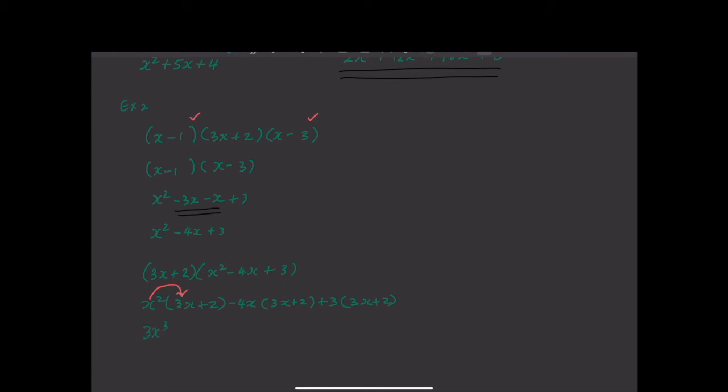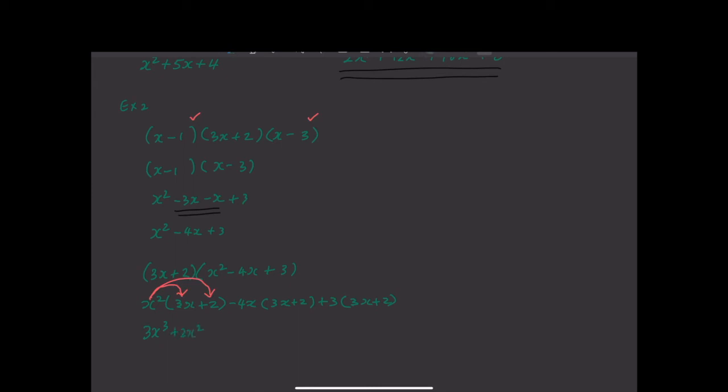3x cubed. We're then going to multiply x squared times positive 2, which gives us positive 2x squared.